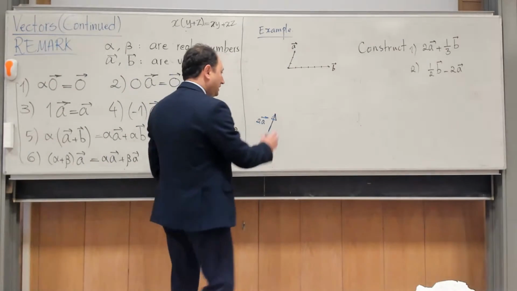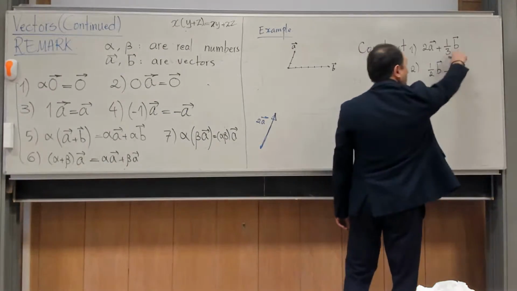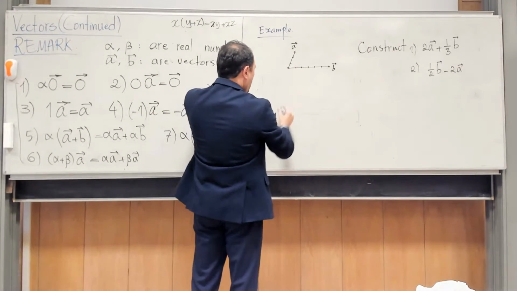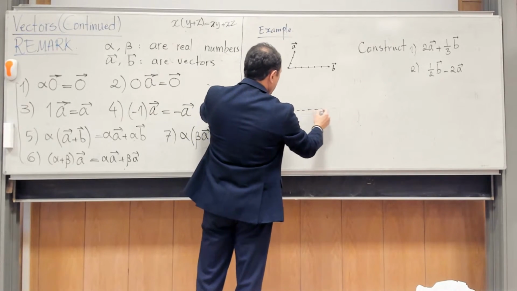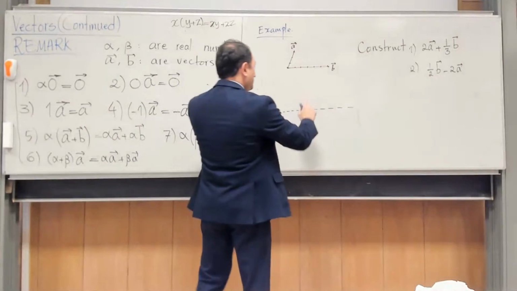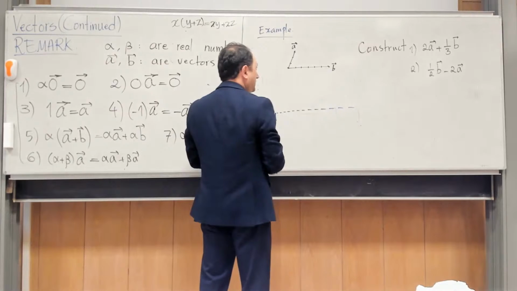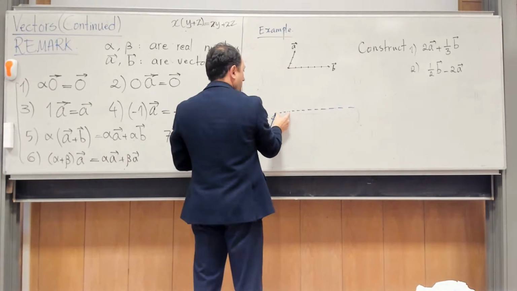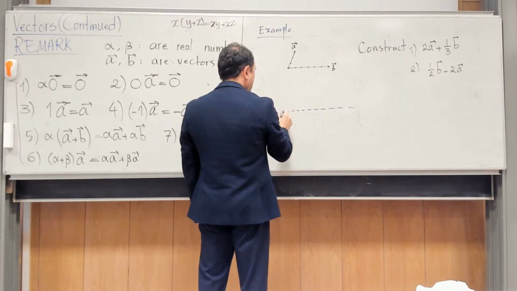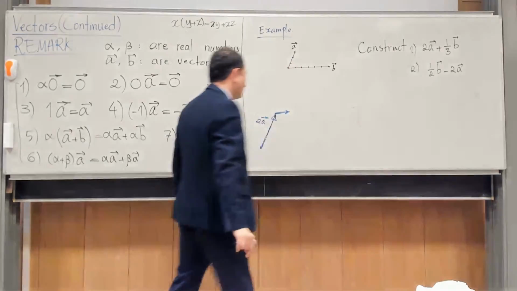So from the beginning, it is better to start from here. 1/3 of b: I need to draw a line parallel to b. And what would be the length? This is 6 units, so it should be 2 units. So it would be here. And the direction is the same. Then I can get rid of the rest. I don't need it.